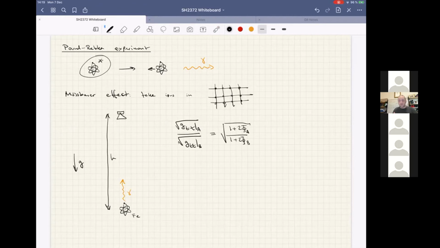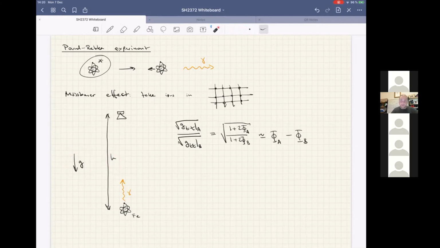So if we make the series expansion here, this is approximately phi A minus phi B. So it's the difference of the gravitational potentials at these points. And as long as we have this approximately constant gravitational field, the difference here is going to be proportional to the gravitational field multiplied by the height difference.